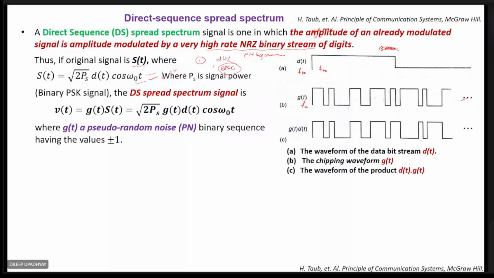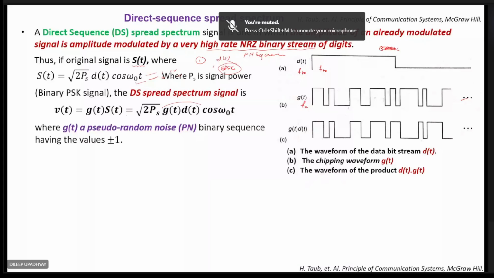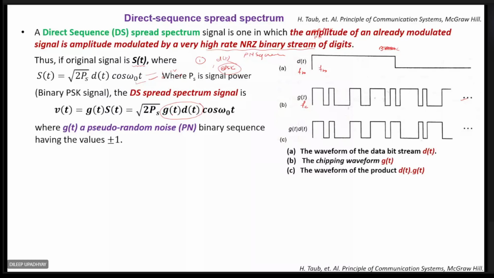Now since in this case, like in the DS spread spectrum signals, we are multiplying this GT with the ST. So here we have the term GT and GT with the DT. So let us see what will be the nature of this GT into DT product. You can see if you multiply this GT with the DT, wherever there is a 1 and 1, 1 will appear. Wherever there is a 1 and -1, the -1 will appear.